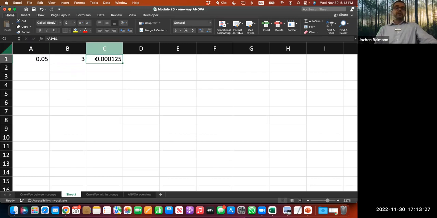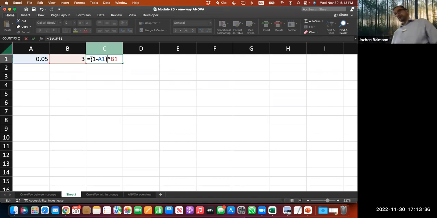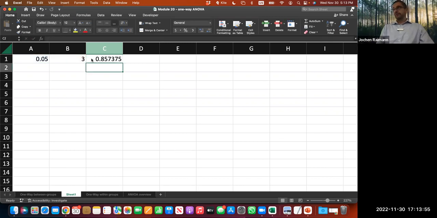But it's not only that. If you want to be right in not rejecting it, it's essentially coming down to 1 minus that risk. Only then you're right, right? So the 95% you're right. In 95% of your confidence interval, you're right to accept the null hypothesis. That gives you this. This gives you an 85% probability that you're right.